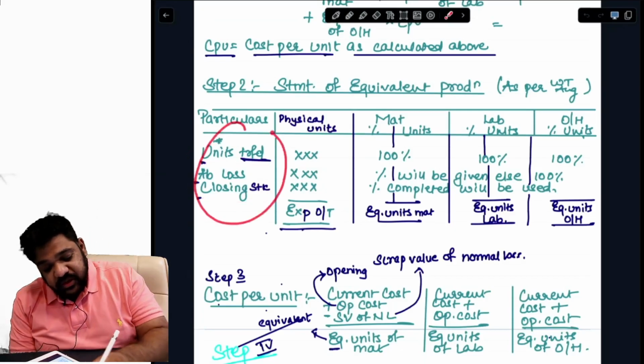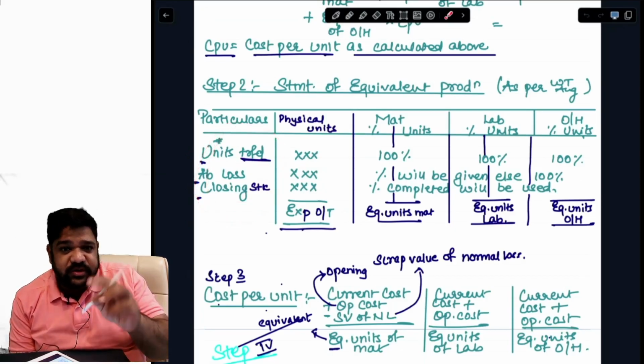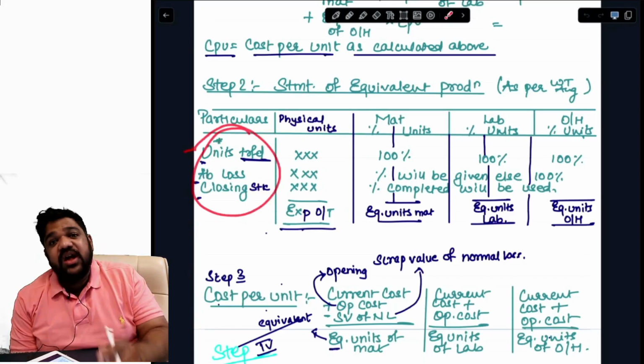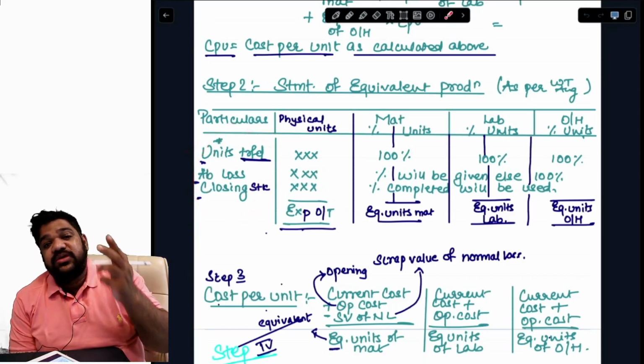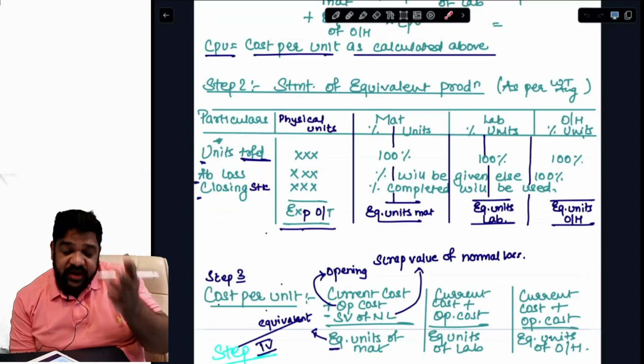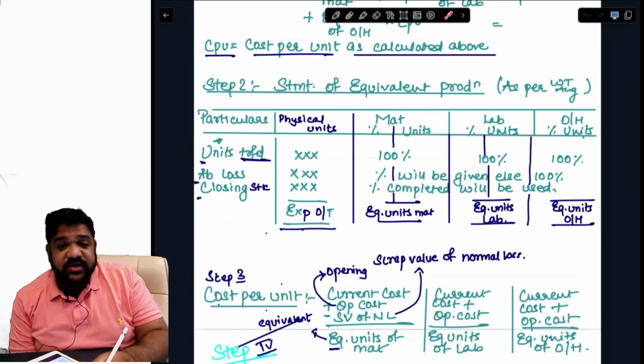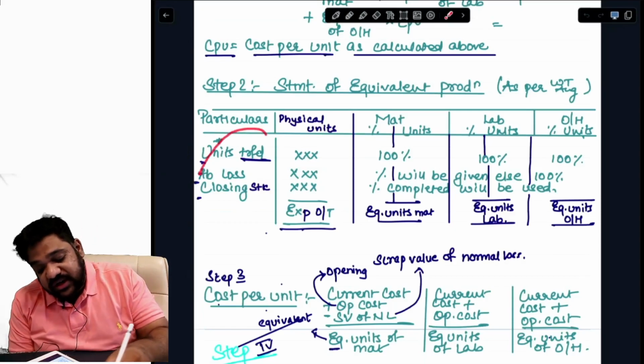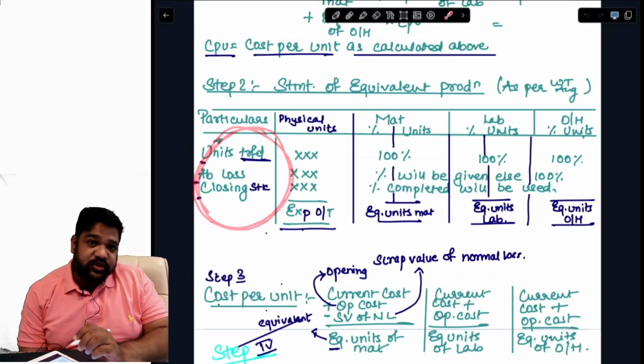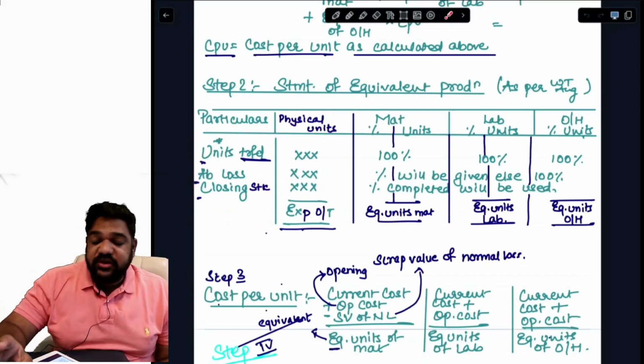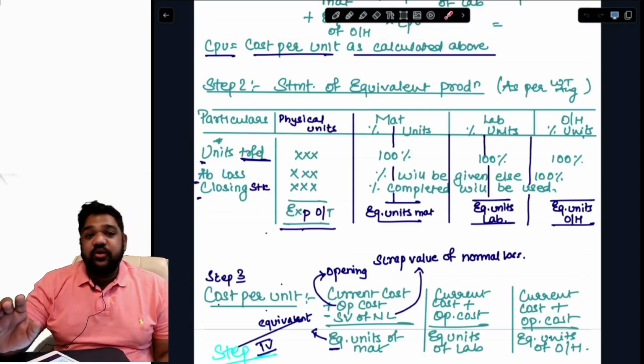If you have only two branches, you will make two particulars over here. If you have three branches, you will have three particulars. So two or three branches is purely circumstantial to the question.